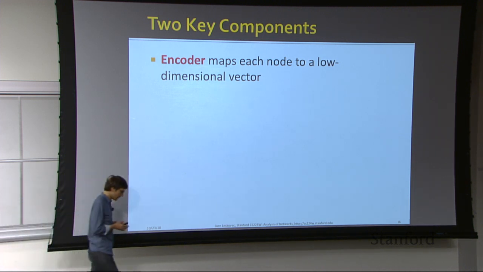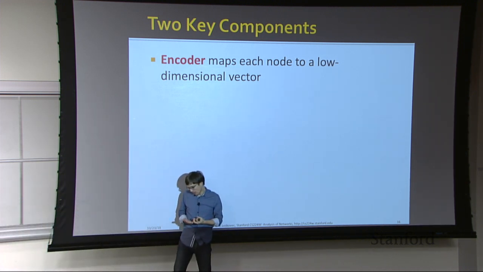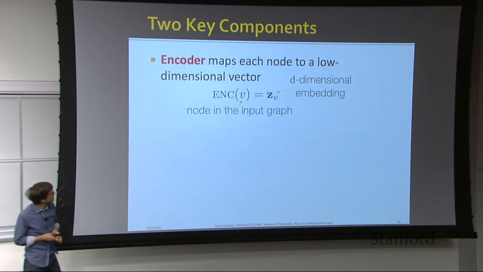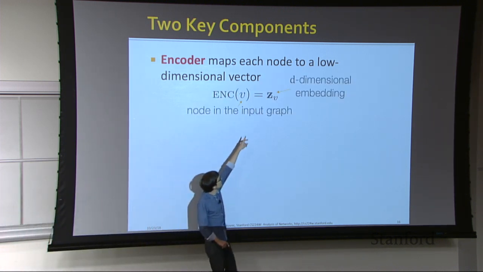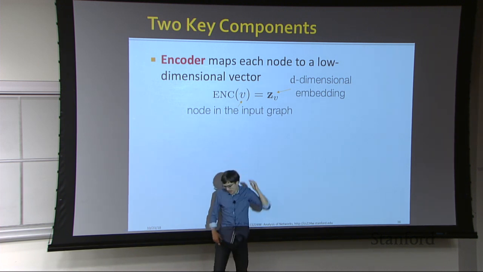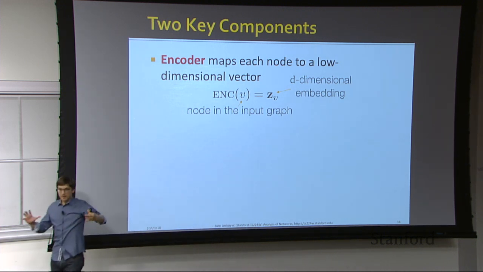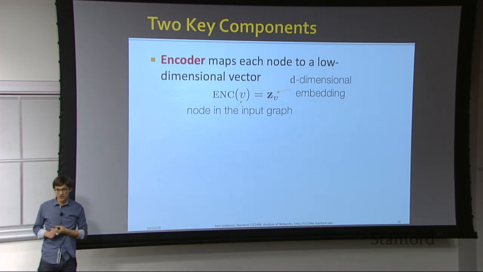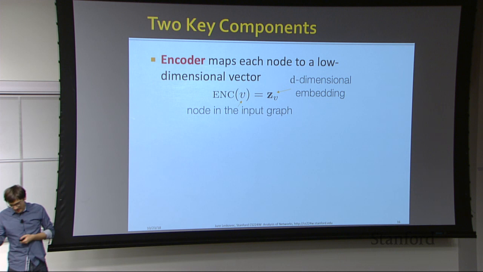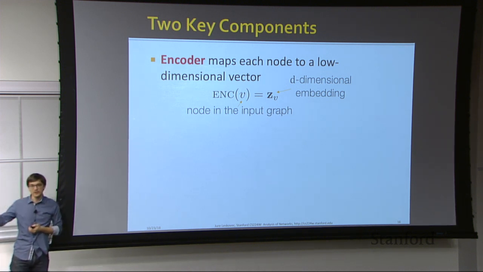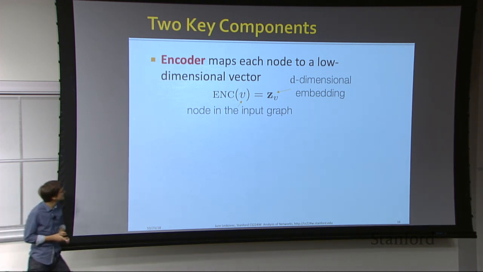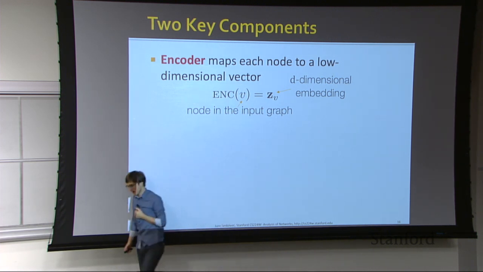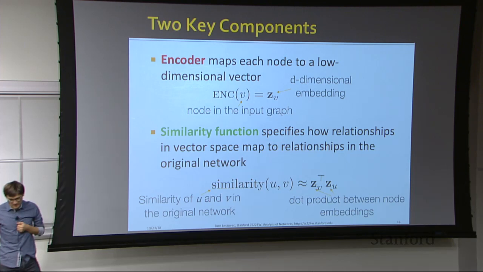Our encoders will be very simple, and all they will do is just memorize the coordinates of every node. Right? So basically, our encoder will simply memorize the coordinates. Right? So that the number of parameters of our encoder is the number of nodes times the embedding dimensionality. Okay, so we will just directly go and learn the coordinates of each node independently. Right? So this means that our encoder function is just a table lookup. Okay? I'll have a picture very soon about that.